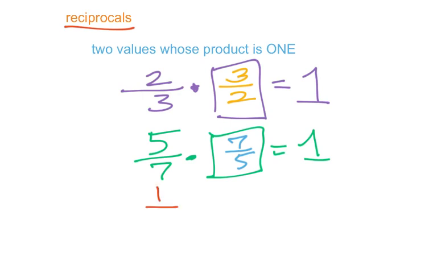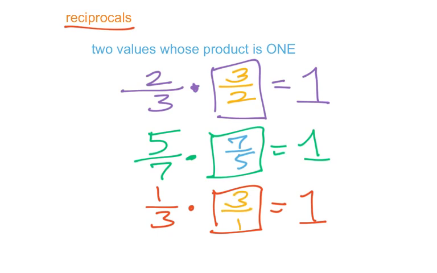Let's look at another one, maybe a little bit more challenging. What about 1/3? If I was to multiply 1/3 by something and get 1, can you think about what that would be? Well, maybe you're thinking of 3. And then we could put it as 3/1, the flipped version, but really, ultimately, that's just 3, because that would equal 1, right? So 1/3 and 3 are reciprocals.